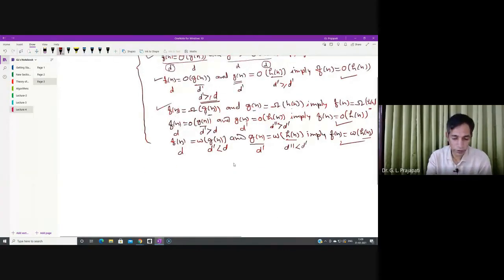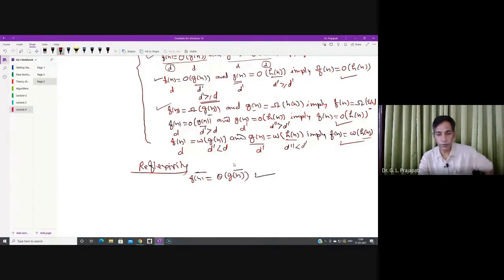So can you show that we have some reflexivity relationship also? So see, can you say that f of n is theta of g of n? Yes, in this case degree of f of n and g of n is same. So you can say that this is true.